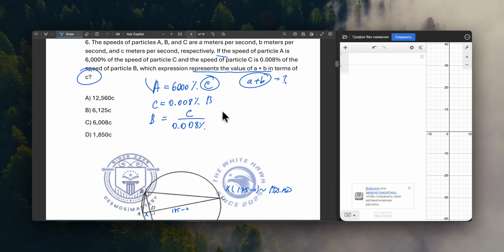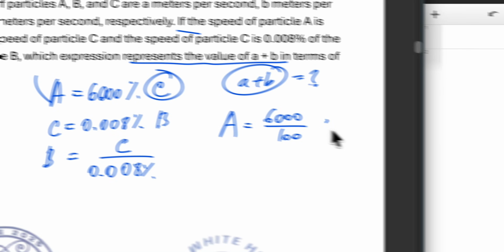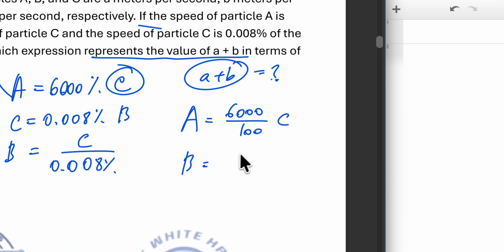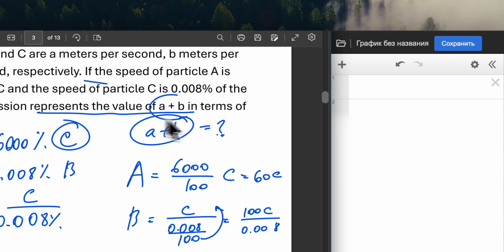We have percent here, which means A is divided by 100, and B is C divided by 0.008 divided by 100 again. So we move the 100 up, and B is 100C divided by 0.008, and here A is 60C. And we need to find A plus B.